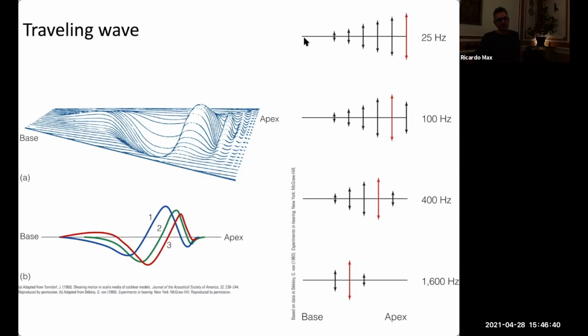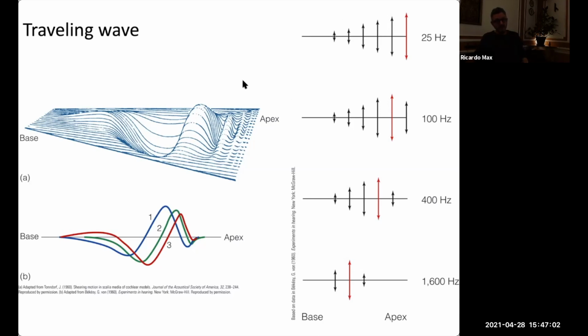So a pure tone, this is a pure tone of 25 Hertz, will oscillate the entire membrane at 25 Hertz across its entire length.